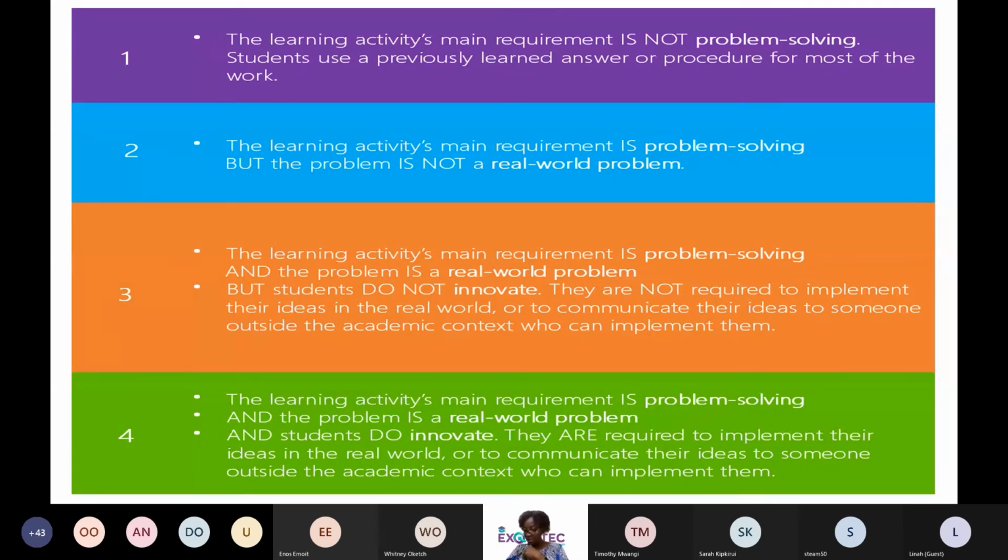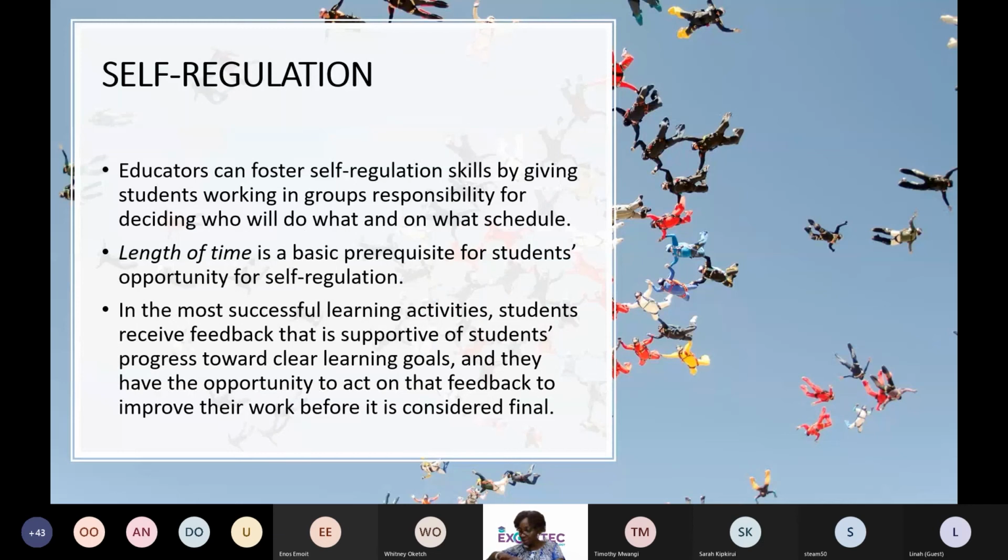So let us look at self-regulation. With self-regulation, educators can foster self-regulation skills by giving students working in groups responsibility for deciding who will do what and on what schedule.